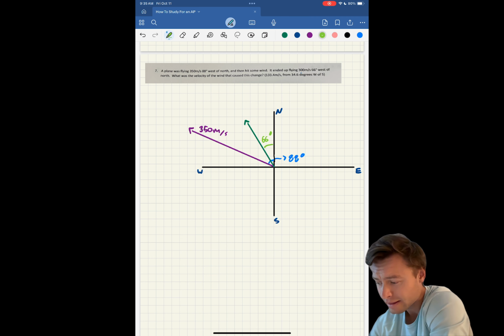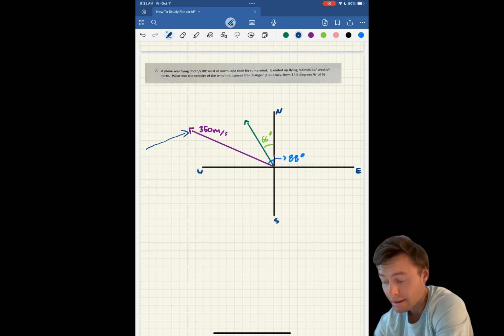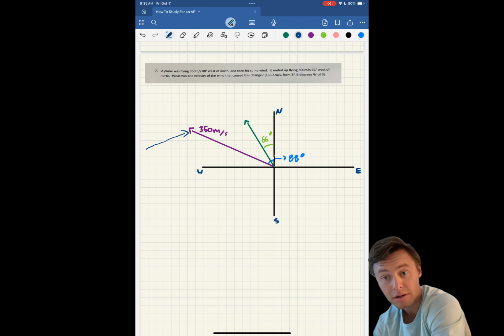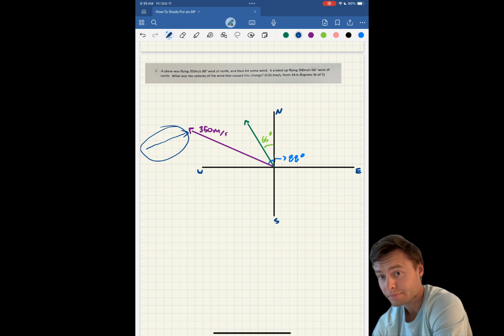And the only way that that makes sense is if the wind that's hitting it is hitting it from this angle, right? That's the only way that the plane is going to be shifted over towards north. So we know that the wind must be coming up from this direction.